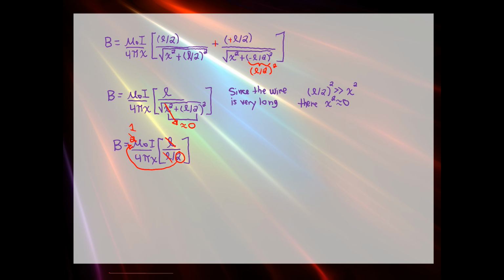So we can change that to a 1, and we can change that to a 2. And then look what we get. We get B is equal to mu naught over 2 pi, and then I divided by x.